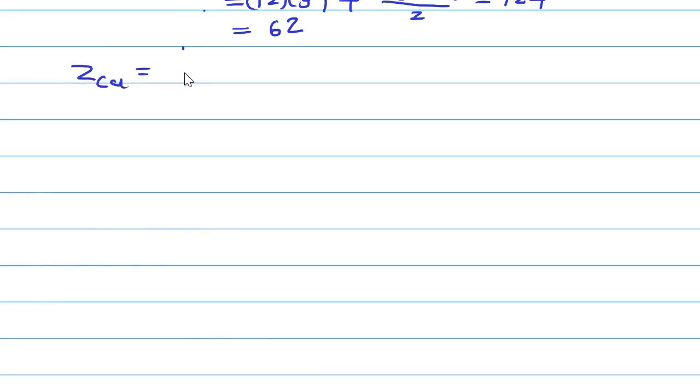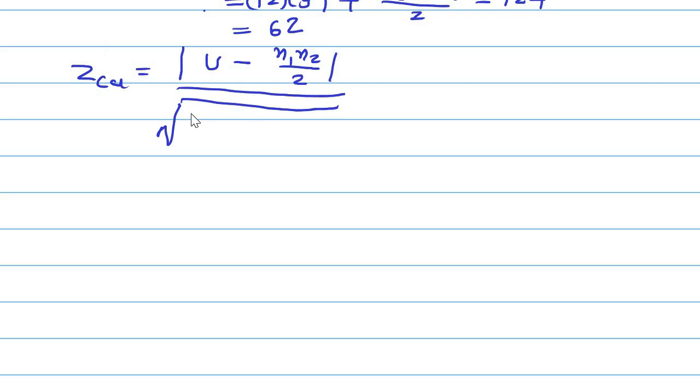For that, formula is absolute value of U minus N1 into N2 divided by 2, that whole thing divided by square root of N1 N2 into bracket N1 plus N2 plus 1 divided by 12.